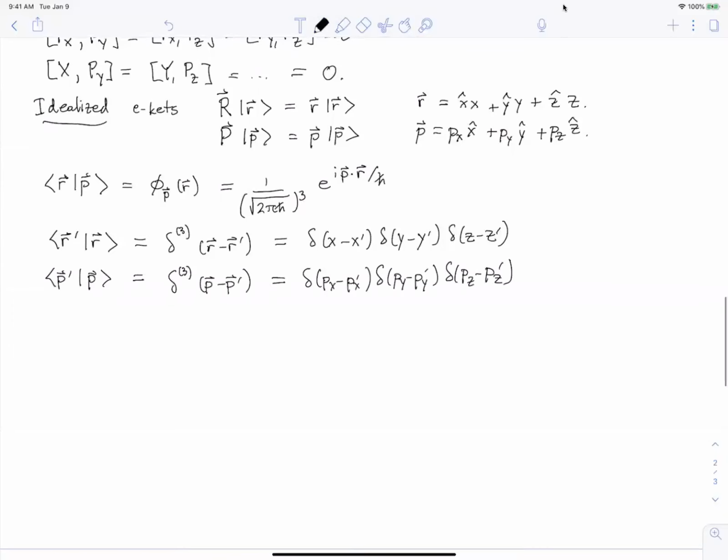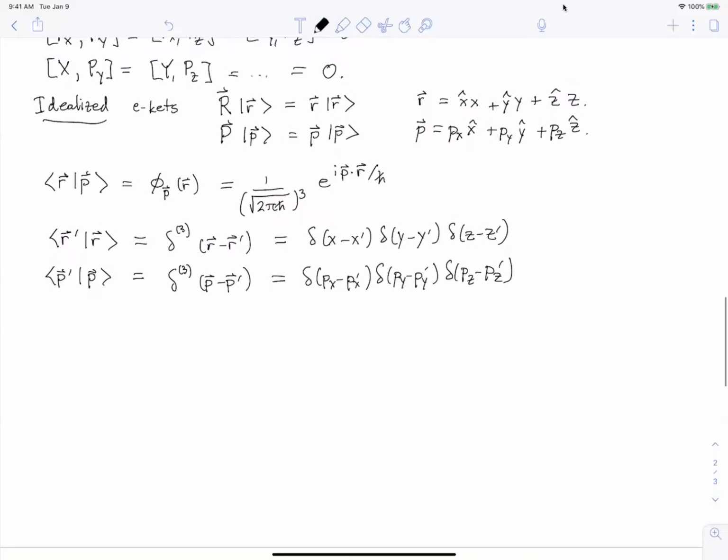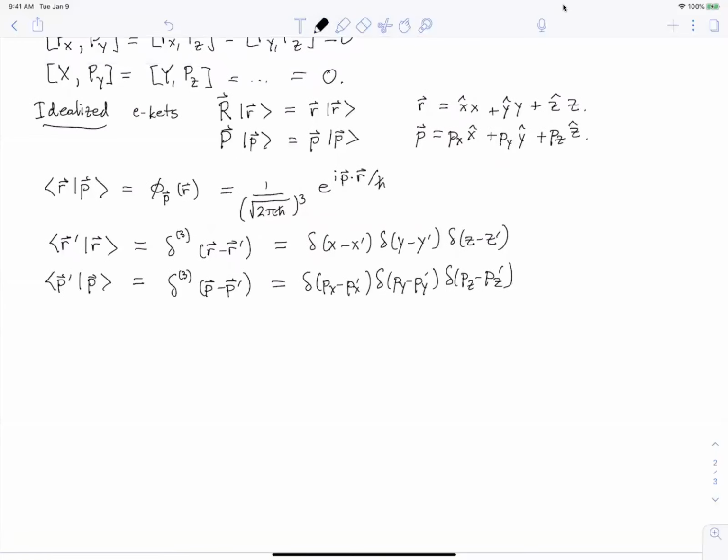Excuse me, could I ask a question about the idealized eigenkets line? Yes. Are you setting up an eigenvalue equation there? Yeah, this is an eigenvalue equation. These are eigenvalue equations. And then the solution to the eigenvalue equation you can write by finding the wave function.